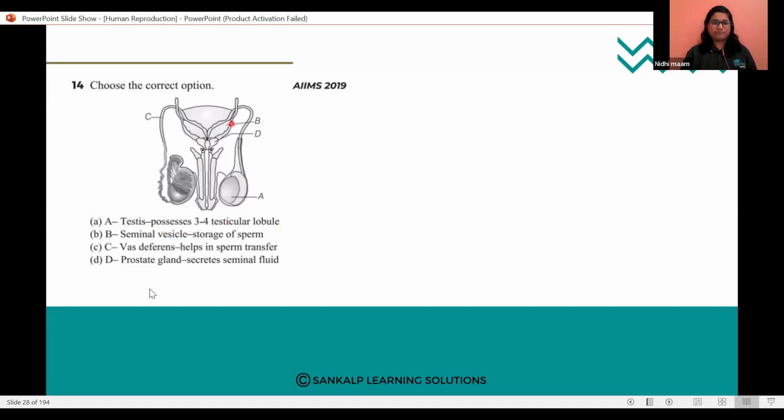C is vasa deferens, helps in sperm transfer. D is prostate gland, secretes seminal fluid. So for label A they have given what that part is and what its function is. You have to find the correct pair here, not just the parts. The part and its function are given, so which is the correct option you have to answer.